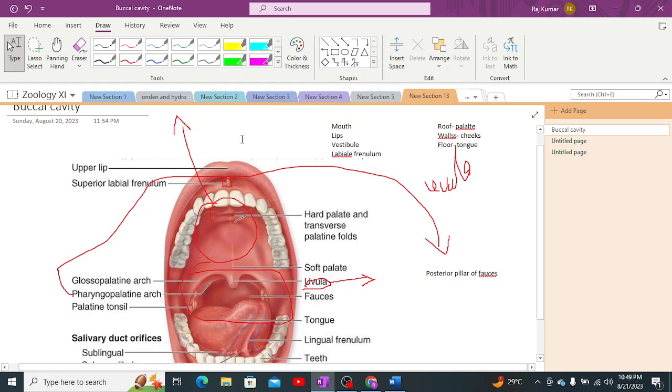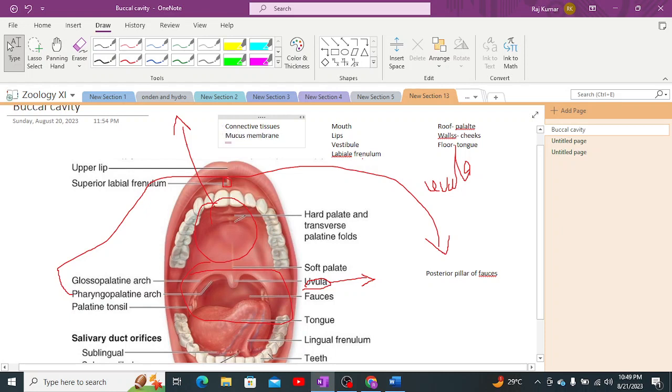Here, the soft palate is composed of connective tissues, and moreover, it has a mucous membrane over its surface.